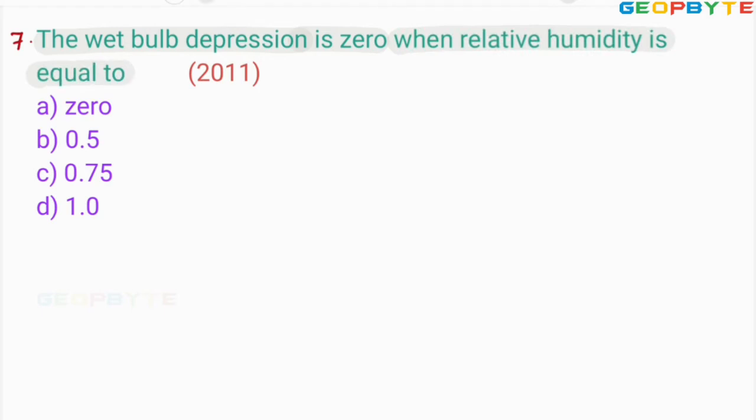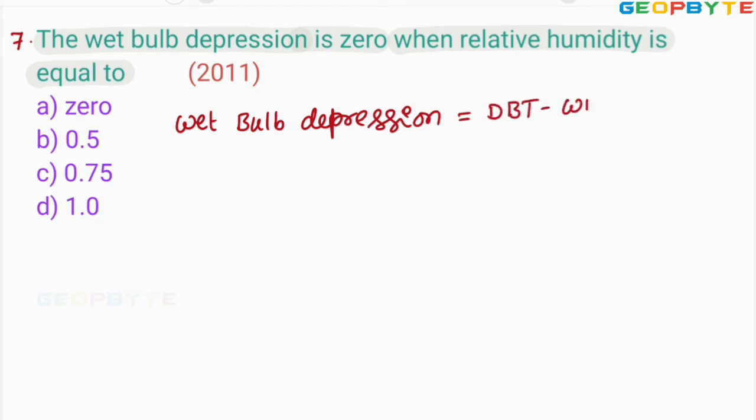Dear friends, remember here wet bulb depression means the difference between the dry bulb temperature and wet bulb temperature. The difference between the dry bulb temperature and wet bulb temperature is called wet bulb depression.